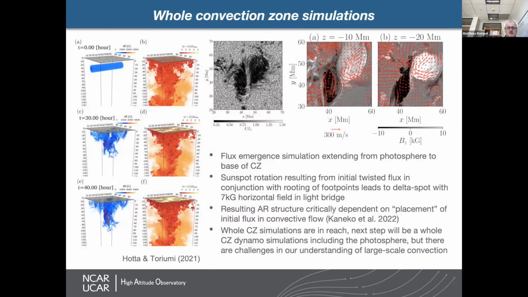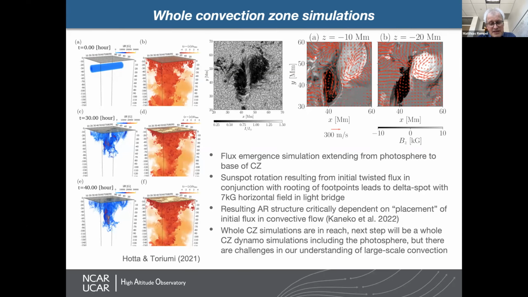So the most recent work, in particular by the Japanese group of Hideyuki Hotta and collaborators, has focused on flux emergence simulations which have domains which include the whole convection zone. I mean, not the whole in terms of horizontal extent, but in terms of vertical extent, using a code which also has radiation transport, or somewhat simplified radiation transport, in the photosphere.